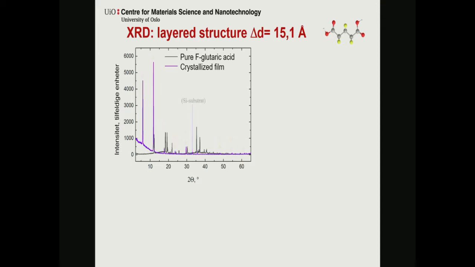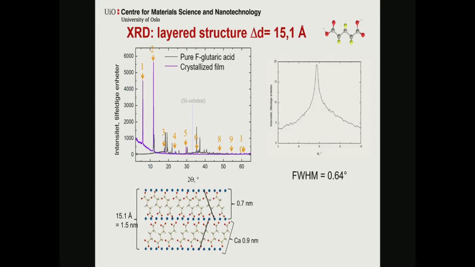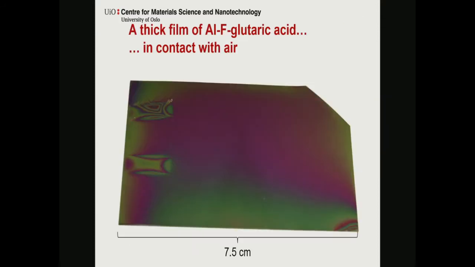They have a surprisingly layered structure when you look at it from an X-ray diffraction point of view, because all the peaks that we find, the black one here is for pure starting material, the purple one is for the film itself, and they're all multiples of each other. So we would anticipate a structure like this, but those are the only peaks that we get. Can't get any in-plane diffraction, but it's tremendously narrow when you do rocking curve on it. So there is clearly a layered structure here.